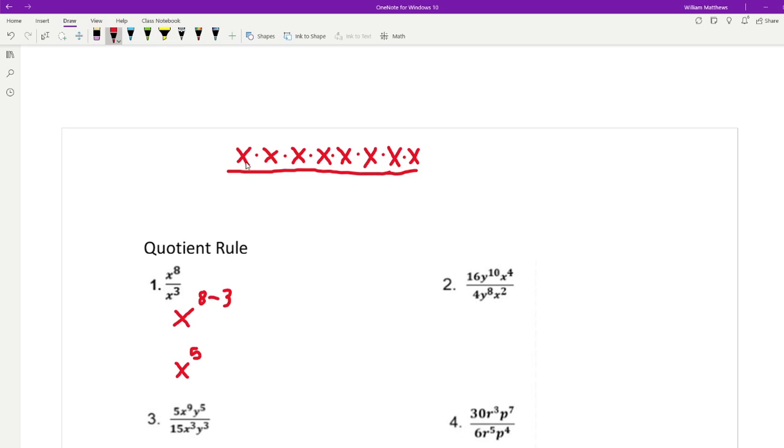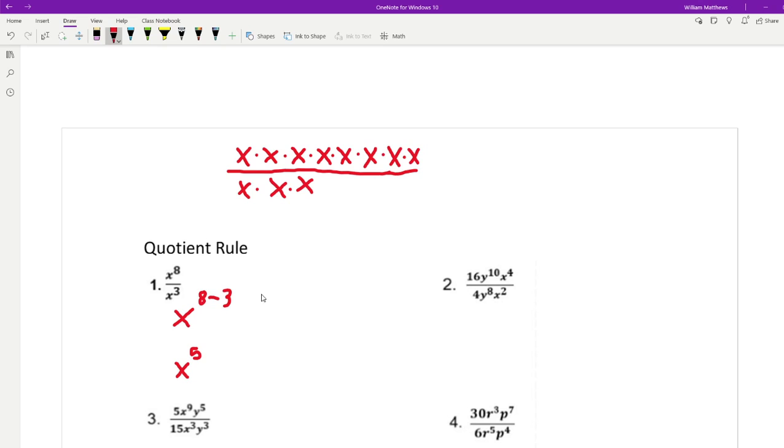We would be multiplying x by itself 8 times, and then we're dividing it by x multiplied by itself 3 times. So as you can see, this is a lot simpler than writing this all out, but for explanation purposes, I'm going to go a little bit more.